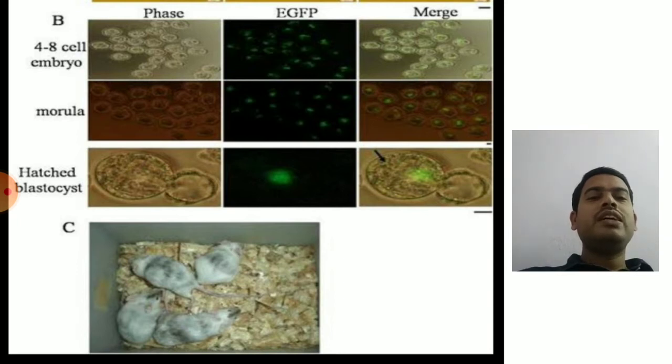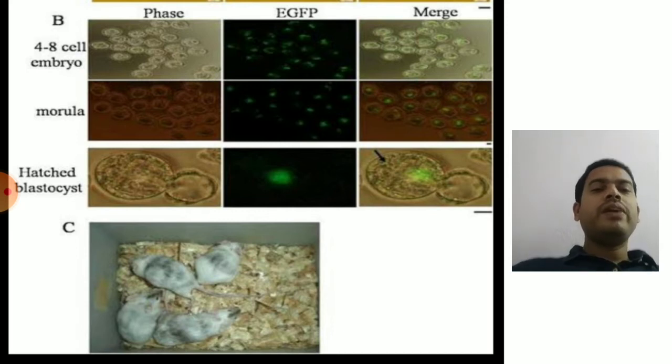So you can collect either embryonic stem cells and introduce your transgene into embryonic stem cells and introduce those embryonic stem cells into the blastocyst, where from blastocyst 4 cell, 8 celled stages finally the embryo will develop. So this is how microinjection is used for the development of transgenic animals, and how you introduce your transgene into the host cell with the help of microinjection.